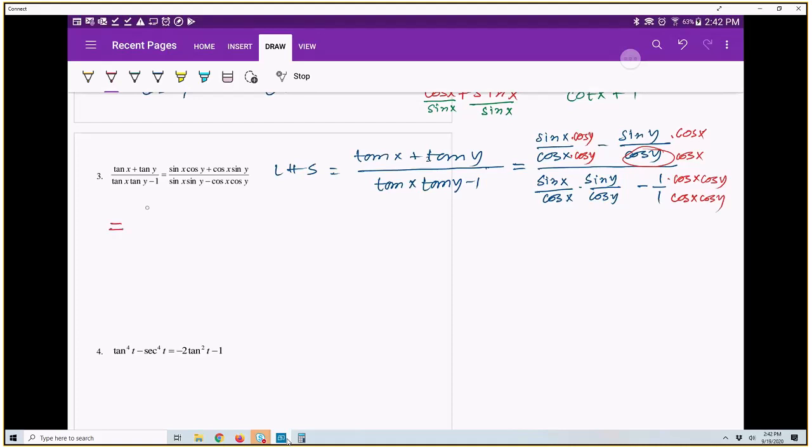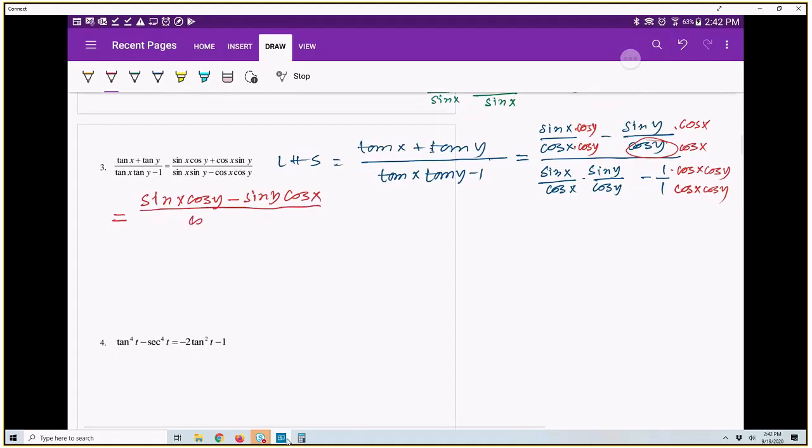We get sine x cosine y minus sine y cosine x all over the common denominator cosine x cosine y. On the bottom, I get sine x sine y minus cosine x cosine y over the same denominator cosine x cosine y.